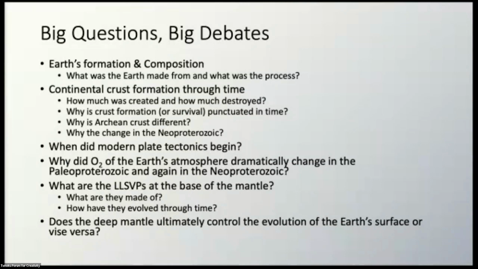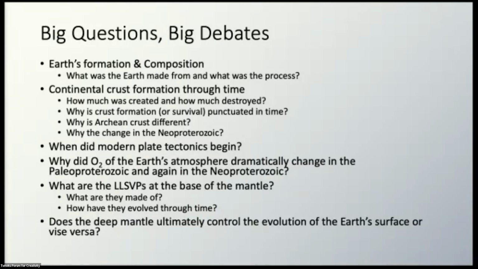So, first of all, the Earth's formation and composition, as I'll show you, we've made a lot of progress, but that progress has raised other questions. Continental crust formation through time: how much was created and how much destroyed? Why is crust formation or its survival punctuated in time?